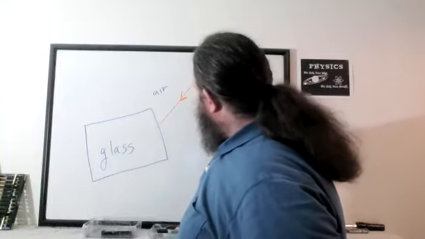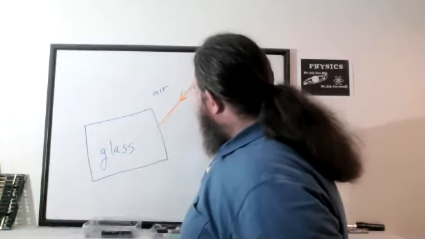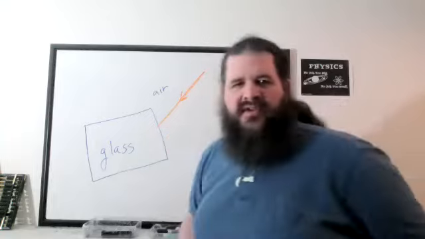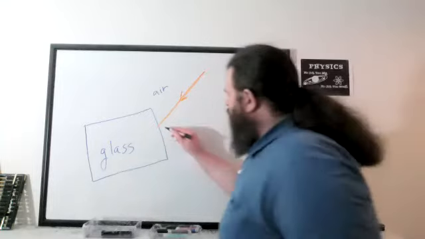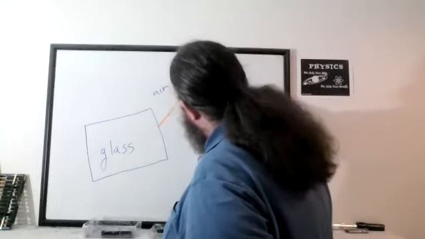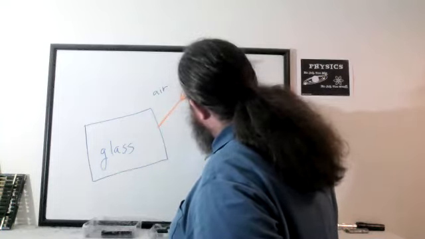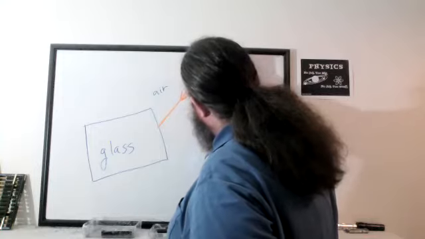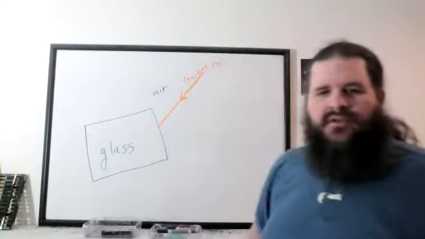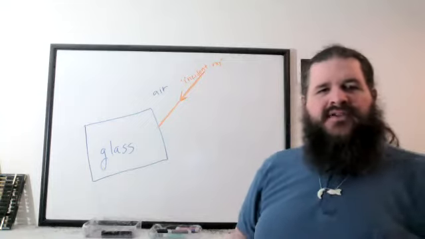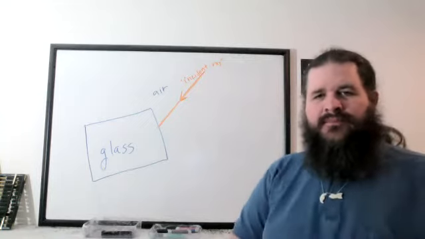Ray of light coming in like this. This incoming ray of light we usually call the incident ray. So this incident ray is just this ray of light that's coming in towards the surface.